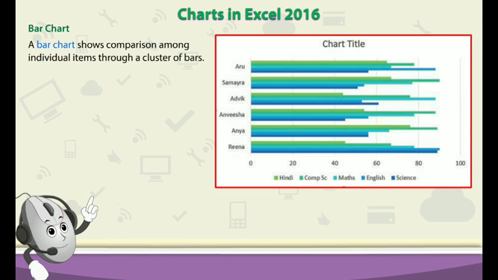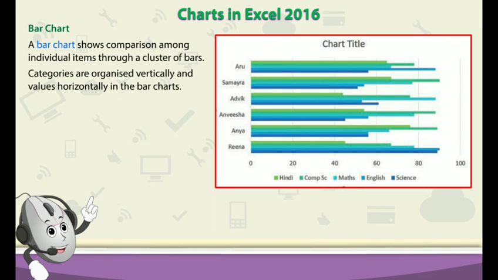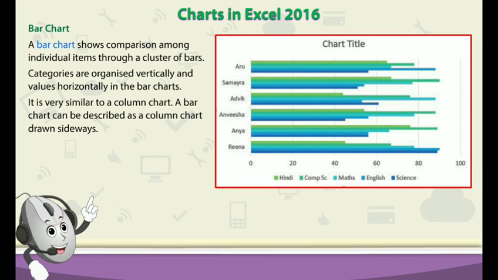Bar chart. A bar chart shows comparison among individual items through clustered bars. In a column chart, we have standing bars, and in a bar chart, we have horizontal bars. Categories are organized vertically and values horizontally in the bar chart.